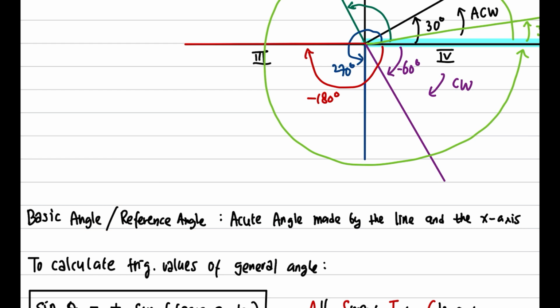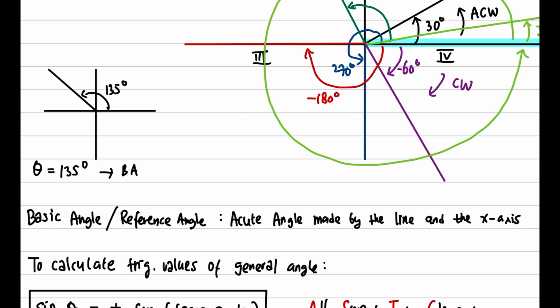So let's look at some examples. Let's say I want to draw 135 degrees around here. So I have theta equals 135 degrees. What is the basic angle of our theta?